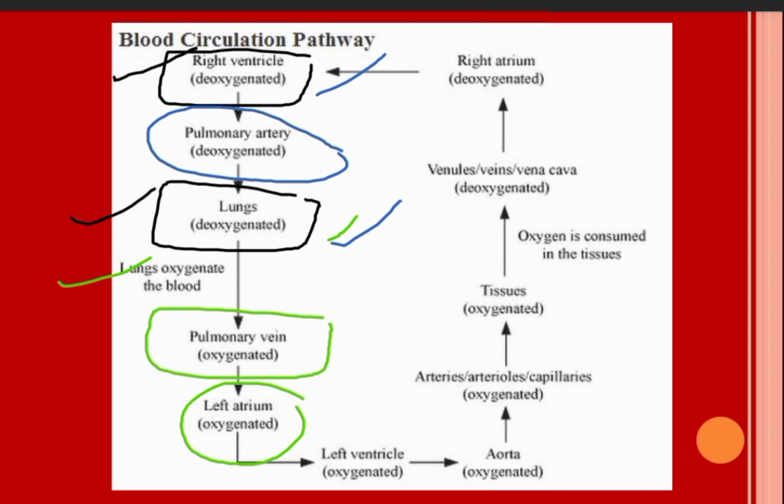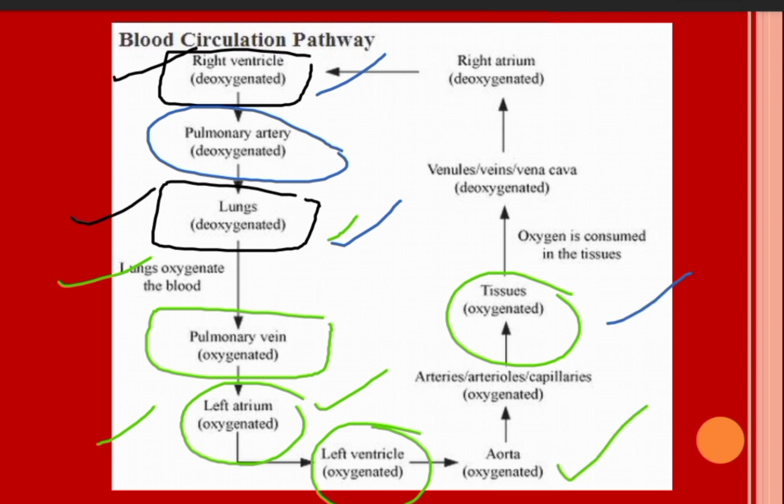Now the oxygenated blood comes to the left atrium, and for this the pulmonary vein is responsible. Next point, from the left atrium the oxygenated blood goes to the left ventricle, and from the left ventricle it goes to the tissues or the body parts, and for this the aorta is responsible.